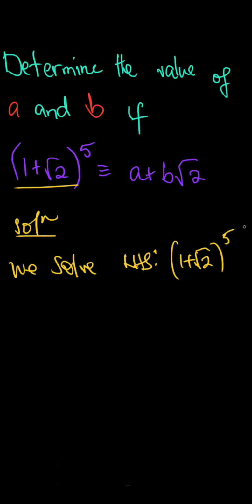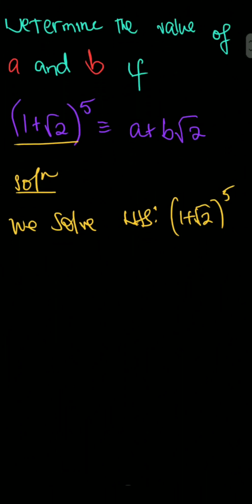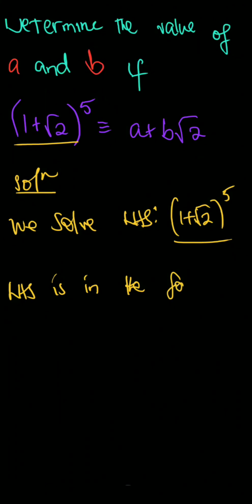Then again, taking an observation with what is on the left, we can conclude that this is the same as us having it in the form a plus b, which is raised to the power n, and this is a binomial.